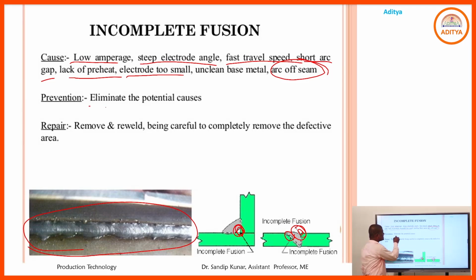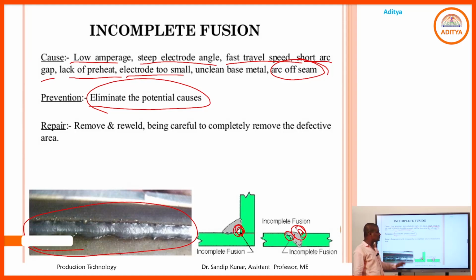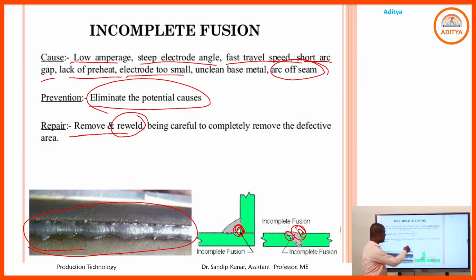First one, eliminate the potential causes. Meaning we provide the correct potential difference properly during welding. How to repair? Remove it, because the problem has occurred. We remove that weld and again we re-weld, being careful to completely remove the defective area.